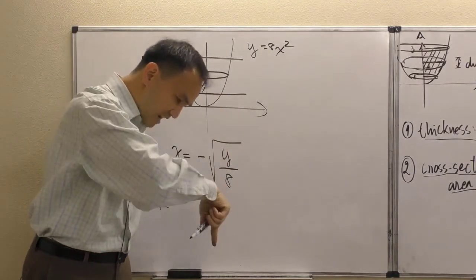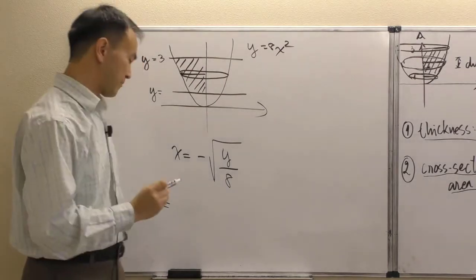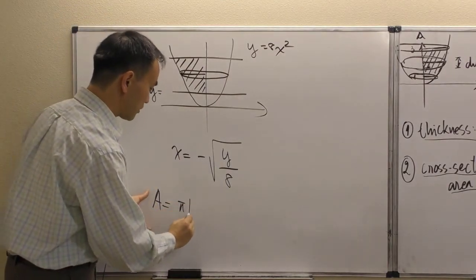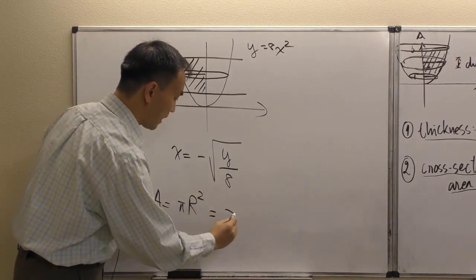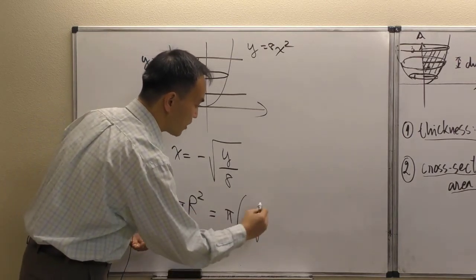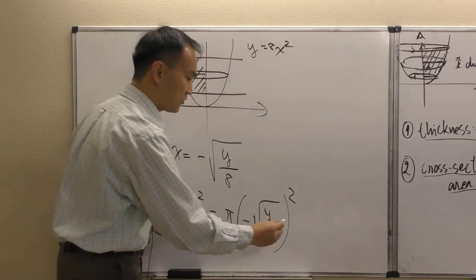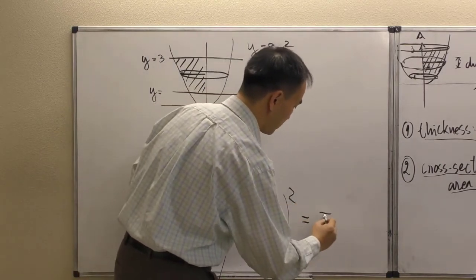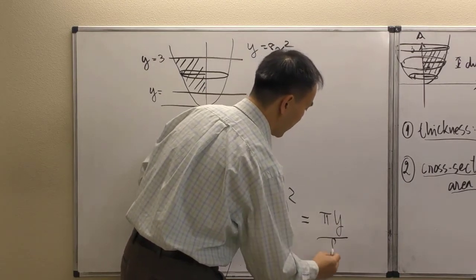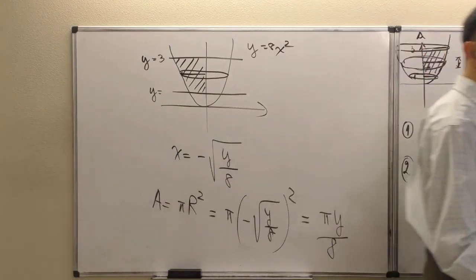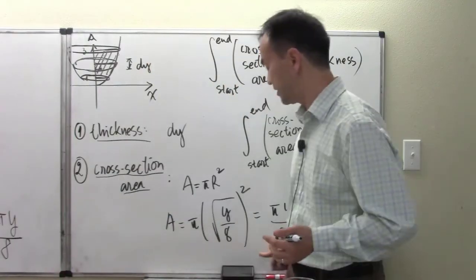That's when we're looking down right there, then we're going to see that disk right there. So in that way, area is going to be pi r squared, which is again pi times negative square root of y over 8, squared. And so just like that, it's all going to become just pi times y over 8. And this answer and the other answer that I have arrived at are exactly the same.